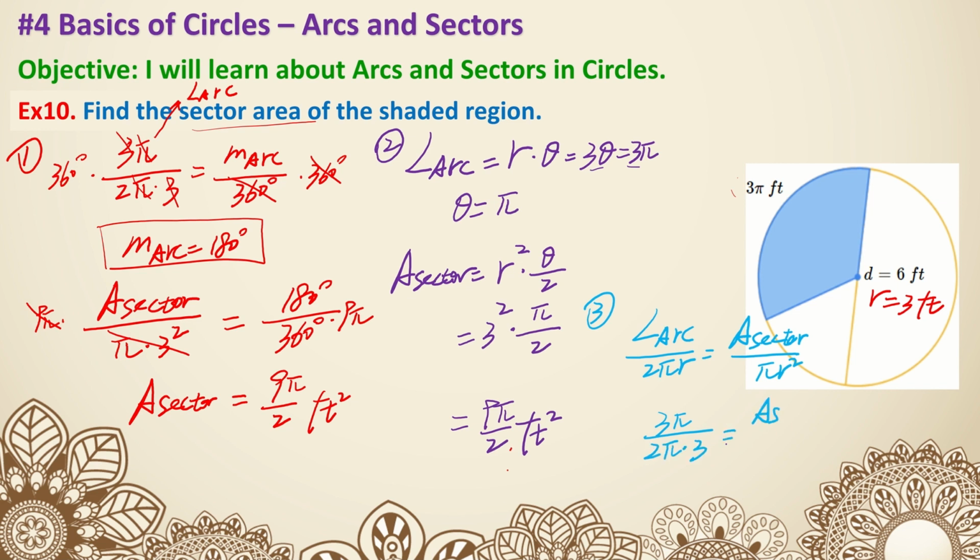On the right side, our sector area, which is the one we're trying to find, over pi times r is 3, so 3 squared. We can multiply both sides by 9 pi. The pi cancels out, the 3 cancels out. We're left with 9 pi on the top and a 2 on the bottom. So the sector area is also going to give us 9 pi over 2 feet squared.